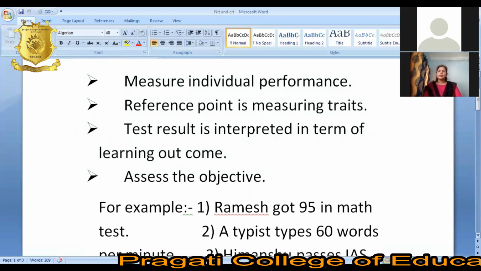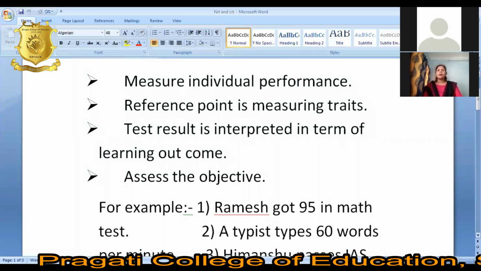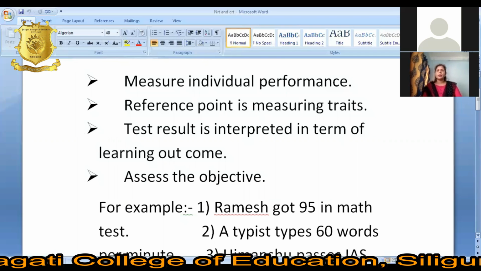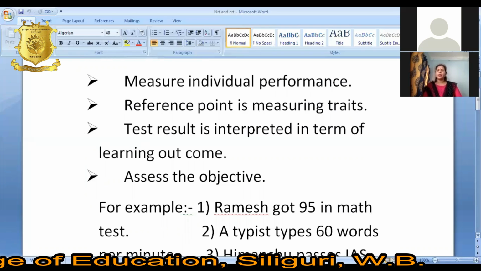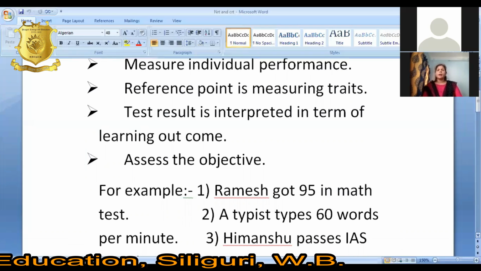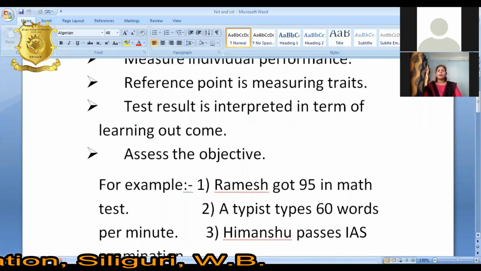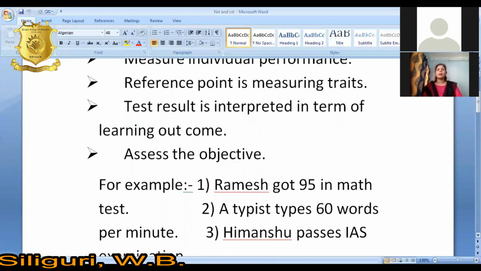The test result is interpreted in terms of the learning outcomes. But here we will not take the performance of other individuals as the reference point. The main purpose of CRT is that it assesses the learning objectives. That's why it is also known as an objective-based test.